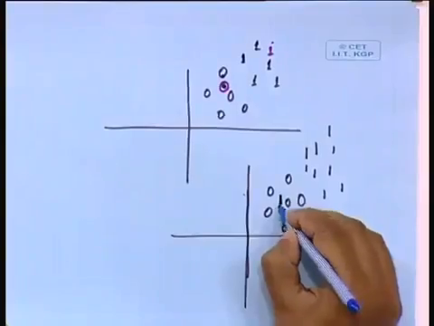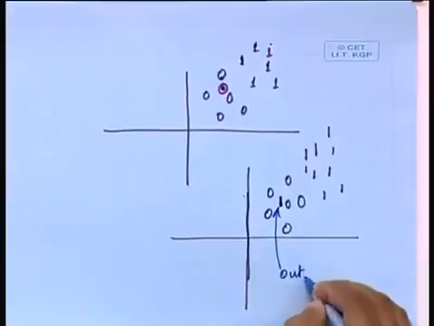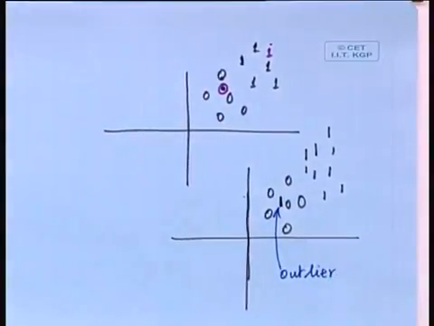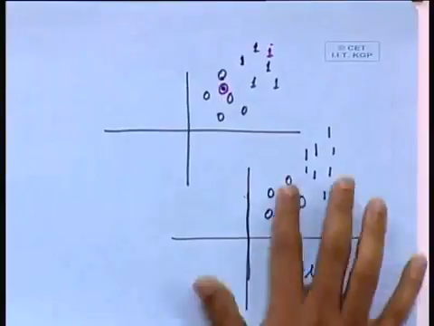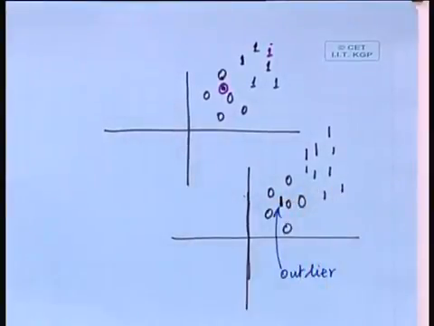Or we can call this 1 an outlier. So this is an outlier in our pattern presentation process. When we are presenting x1 to xn, there itself we have got one outlier lying over here. But whenever we are training the system, whenever we are putting into the memory, we are not really finding out very closely whether we have got a correct pattern or an outlier. We accept everything as it is.